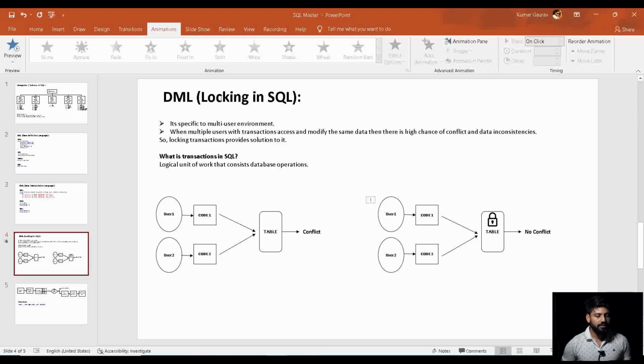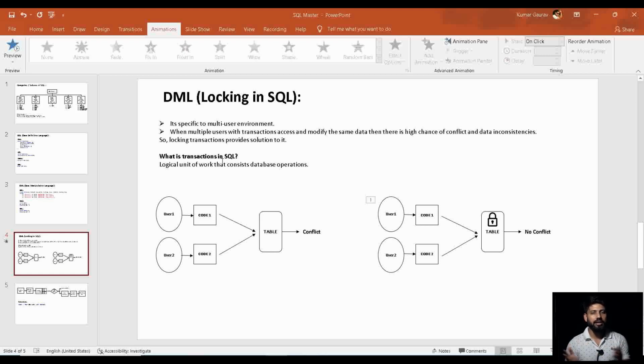Now, before moving ahead with locking in SQL, let me recap one thing, that is, what are transactions in SQL. A transaction is nothing but a logical unit of database operation. Suppose you have a chunk of operations, that means you are modifying your data, and for that modification you have a chunk of code in which first you select some of the data, then you modify that data, then suppose you even delete that data.